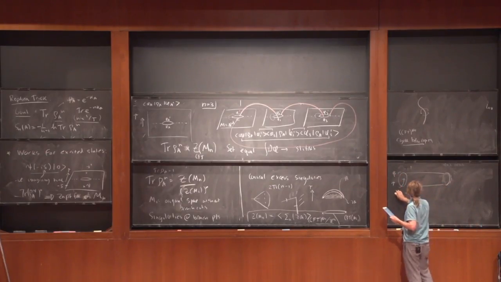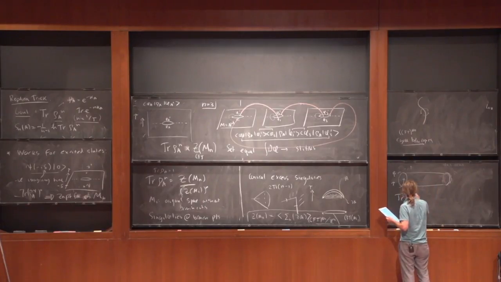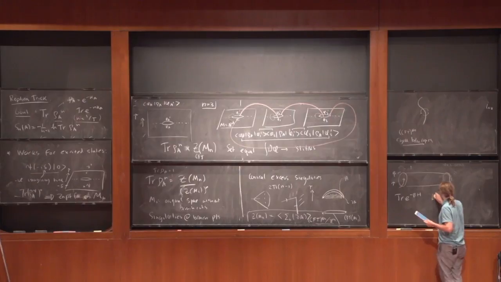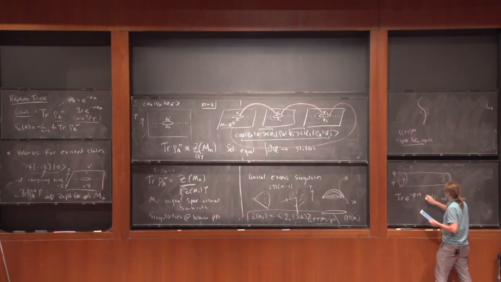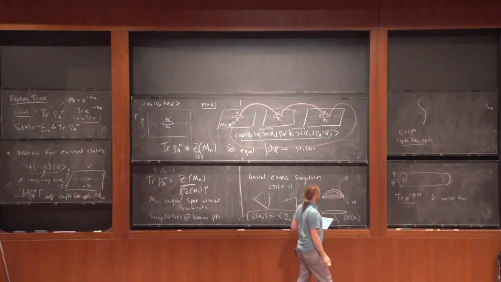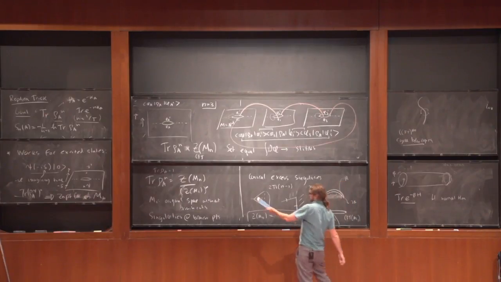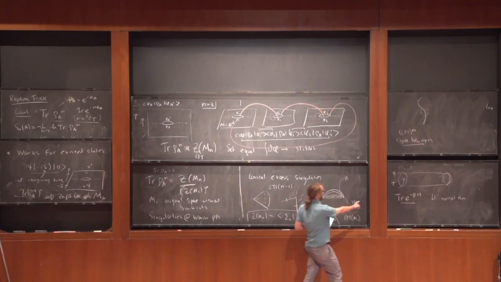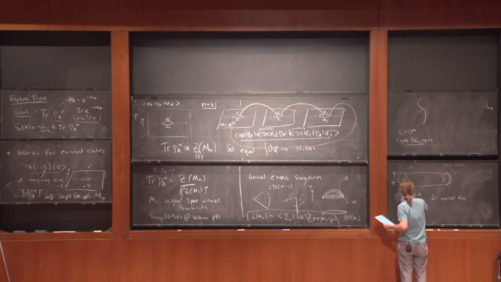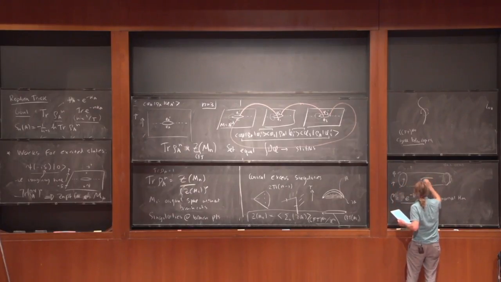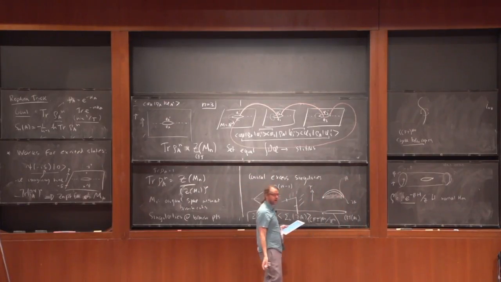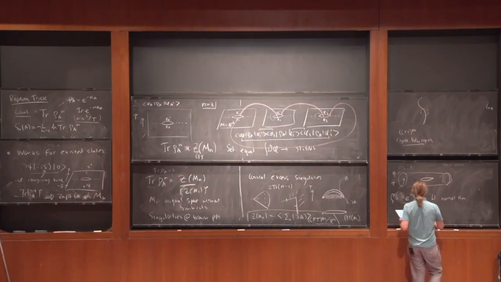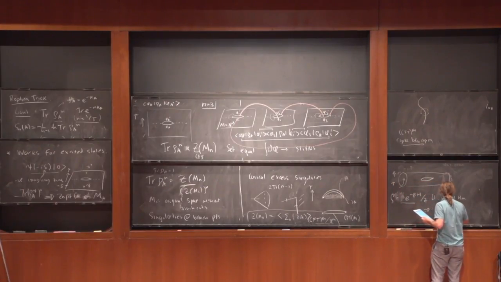This computes trace e to the minus beta h, where h is the normal Hamiltonian. So this computes the Gibbs ensemble, and to compute a reduced density matrix for this state rho, appropriately normalized, you just insert these cuts here. Again, you take n copies, join them like this, and you get some other space. So Mn now depends on the temperature.